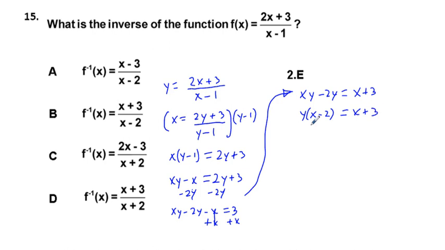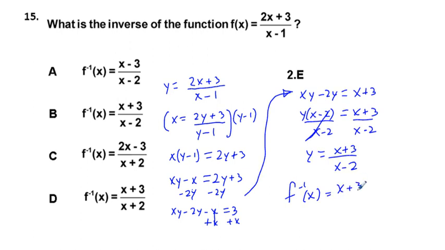And then dividing by x minus 2, we get y equals x plus 3 over x minus 2. So f inverse of x equals x plus 3 over x minus 2. Where do we see that? Answer choice B. I'll call that provisionally the case.